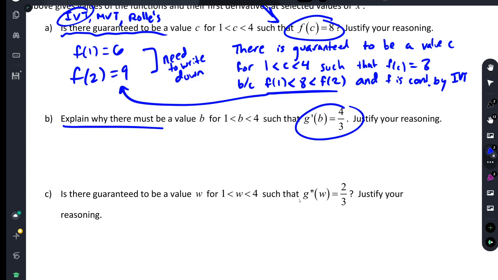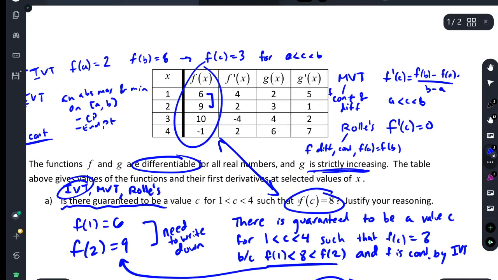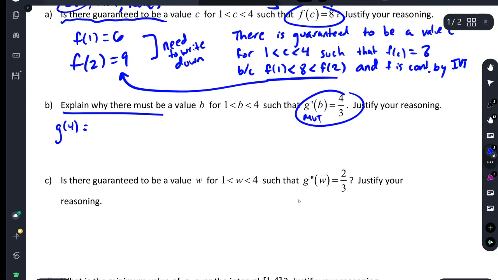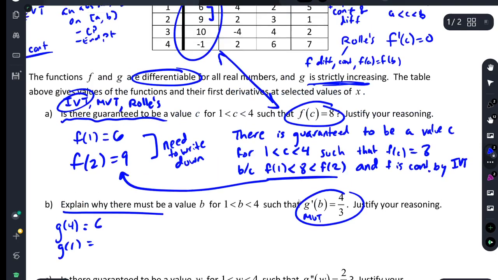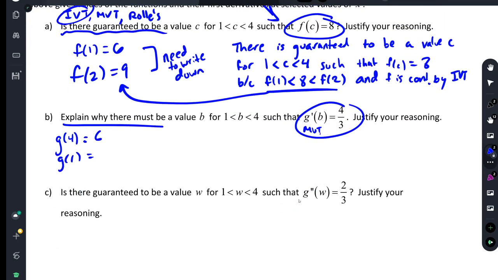So if I'm thinking MVT here because of the g prime, then what I want to do is figure out, okay, what is g of 4? And g of 4 is 6. And what is g of 1? I go up on the table. G of 1 is 2.